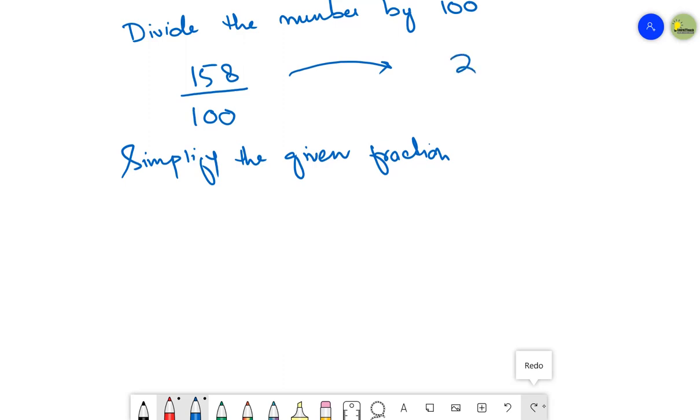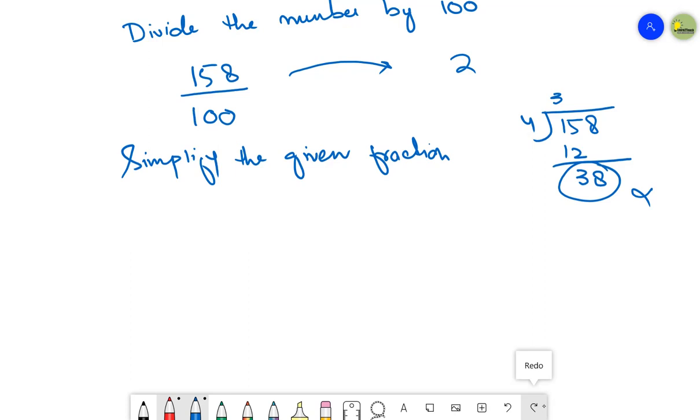Let me see whether 158 can be cancelled by 4, because I know that 100 can be cancelled by 4: 4 25s are 100. Let me talk about 158. 4 threes are 12, then you have 38. No, 38 is not going to come in the table of 4.